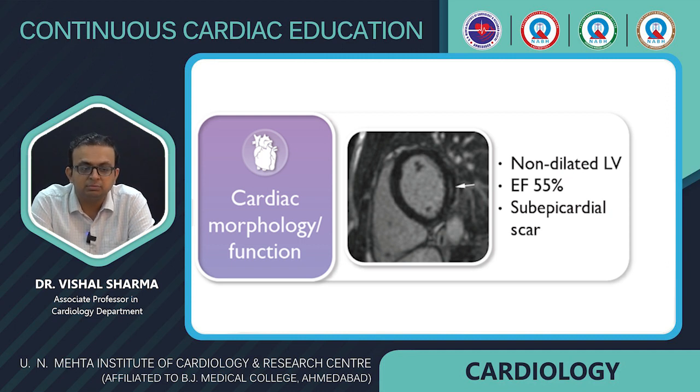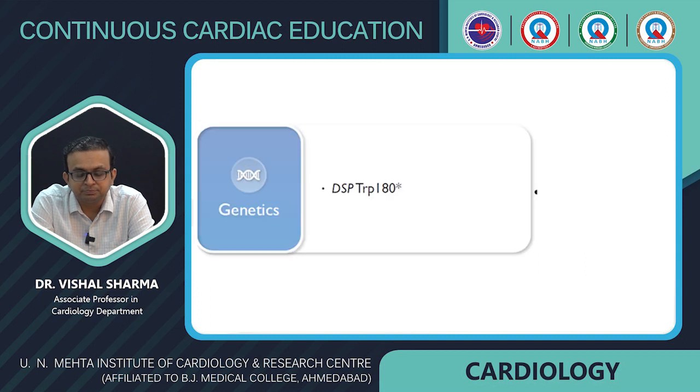Desmosomes, as we all understand, are involved in cell-to-cell interactions. So, understanding this, we went for a genetic study in this patient, and we found that there was a desmoplakin gene mutation. This was the deficient protein there.